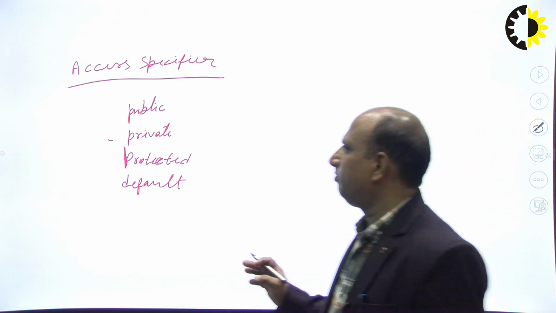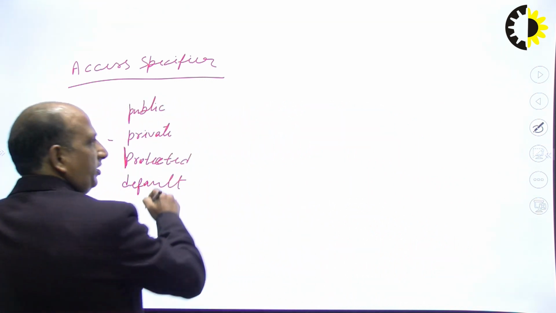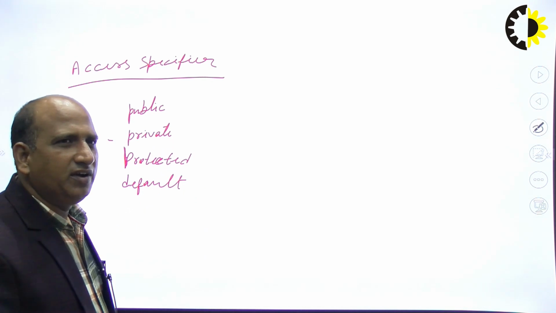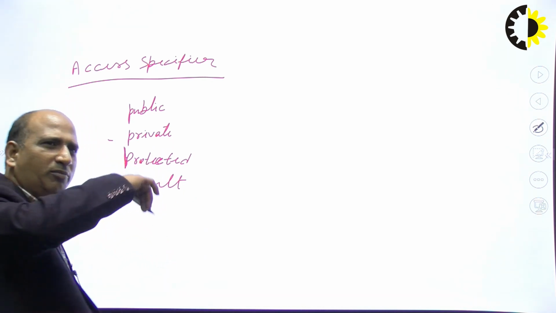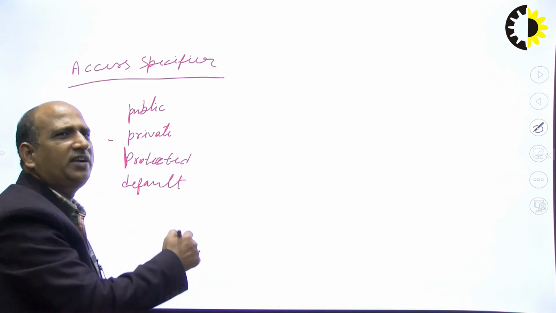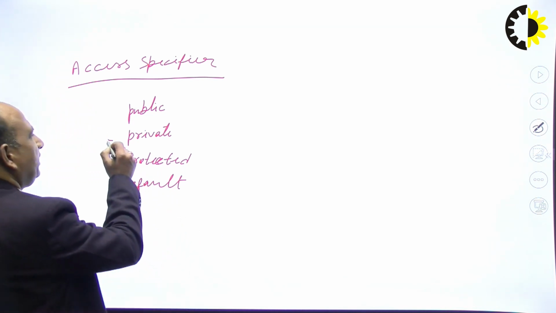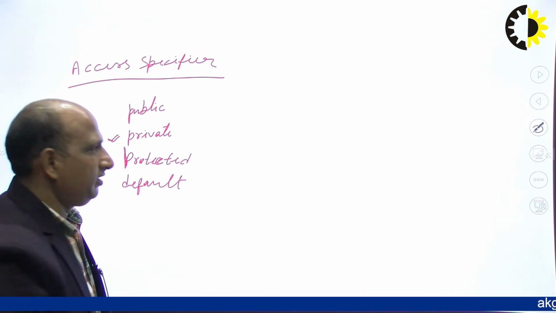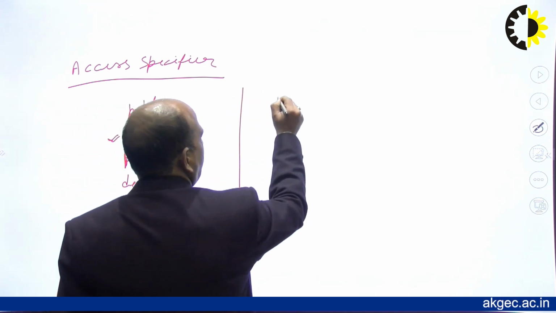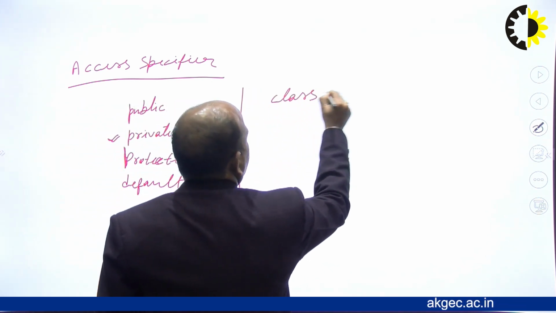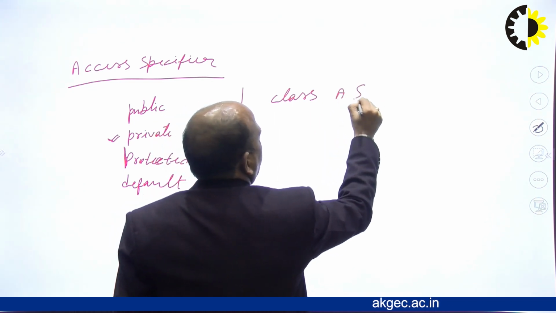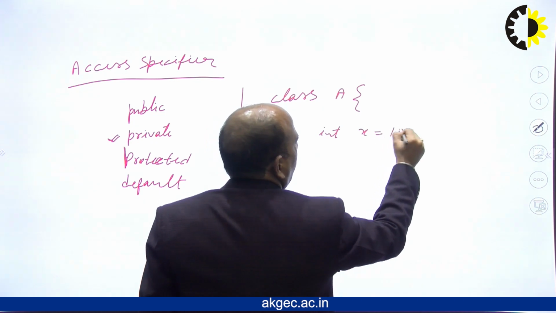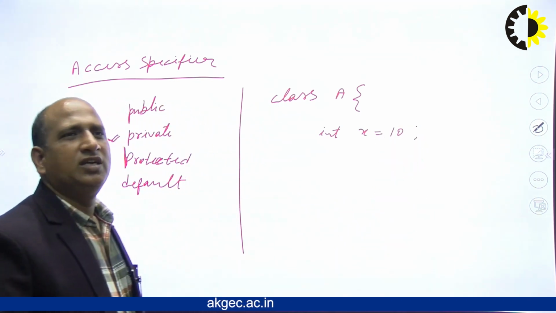If a member of the class is declared as private, to declare a member as private you just have to write the keyword private before the declaration of that member, like this. I am creating a class named A, and within this class there is a variable int x equals 10, and I want to make it private.